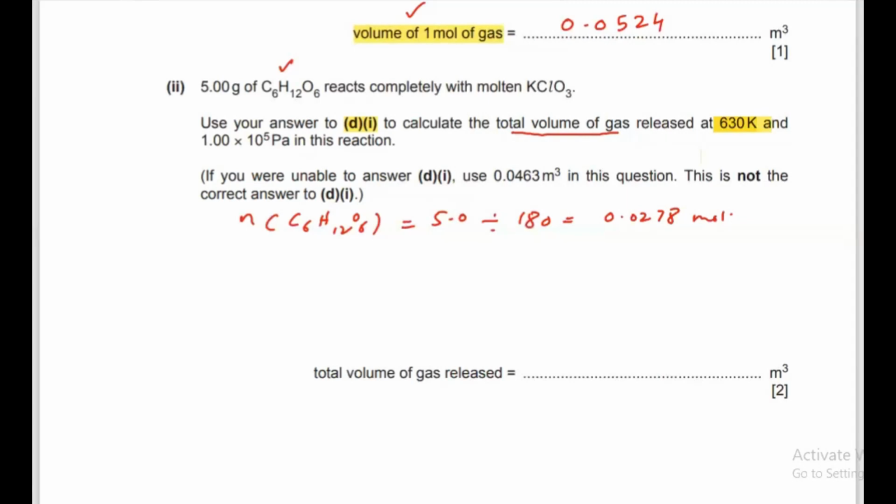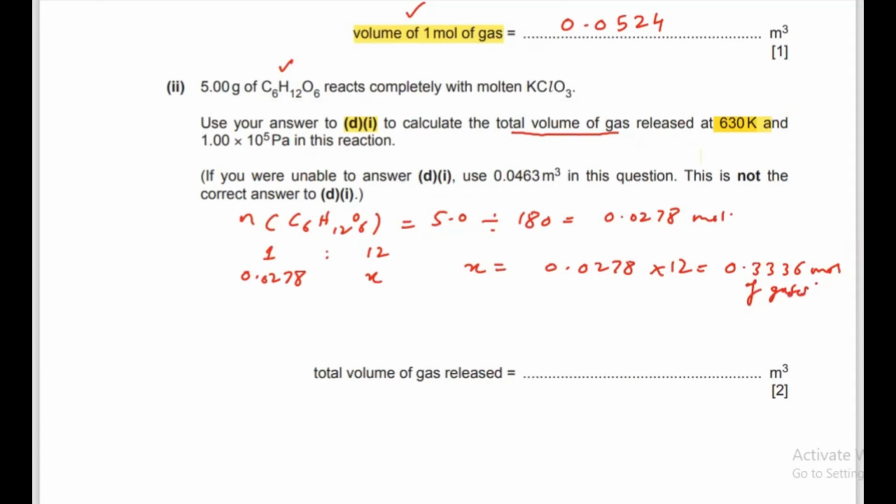So 1 mole is to 12 as 0.0278 is to x. So x is 0.0278 times 12. These are the moles of gases, which is 0.3336.